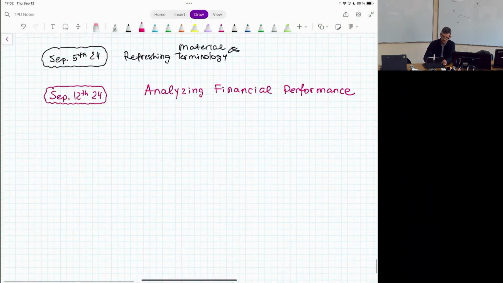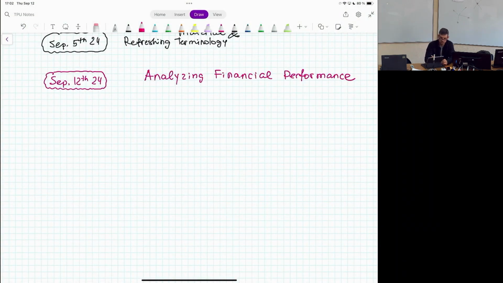Okay, so in this block we will try to understand the following concepts. We will talk about financial ratios. How would you translate financial ratio? Финансовые коэффициенты, правильно.